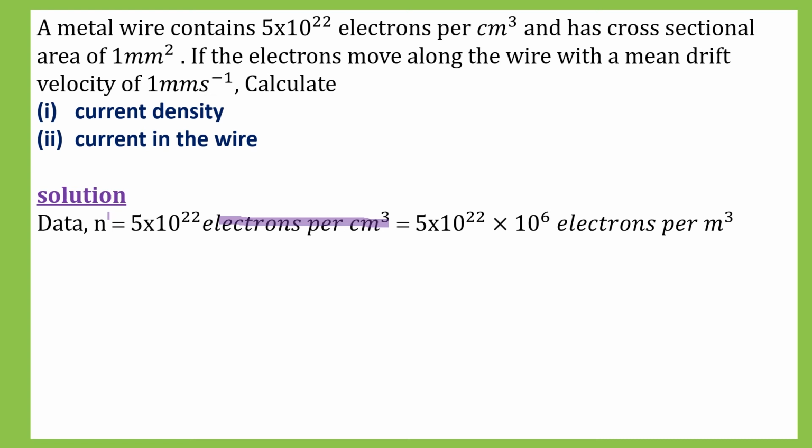Then they have also given us the cross-sectional area, which is 1 millimeter squared, but remember we work with SI units, and the SI unit of area is the meter squared, so we have to convert that to meter squared by dividing by a million.